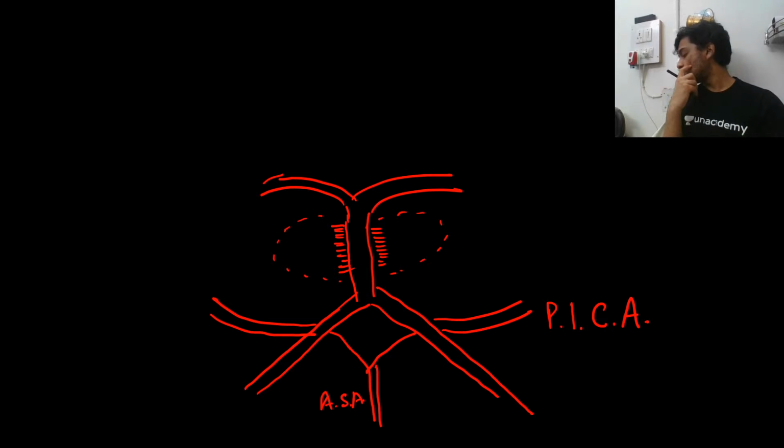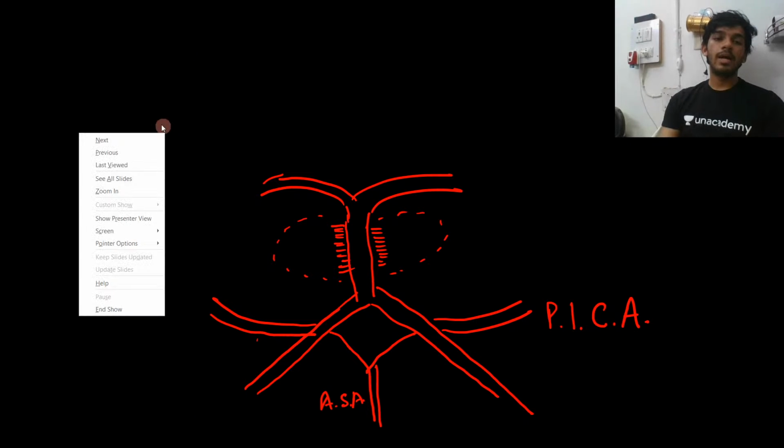Okay, PICA you also have to remember, and it is generally a branch of the vertebral artery. Now the posterior spinal arteries can either come directly from the posterior inferior cerebellar artery or directly from the vertebral artery. Most commonly they are from the, I don't know exactly, but they are shown more commonly from the posterior inferior cerebellar. So I am not sure of the data.